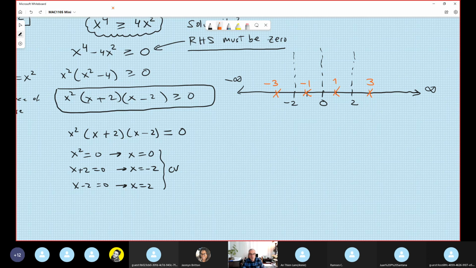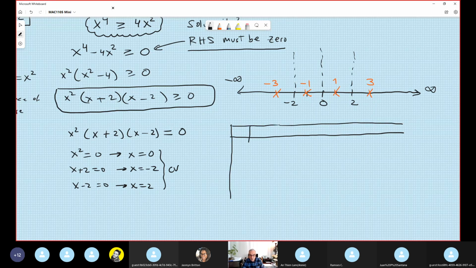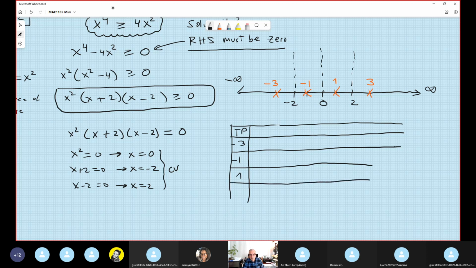Okay, let's do our famous table. Remember, the organization for the table is: the first column lists the testing points. Testing points are -3, -1, +1, and +3.